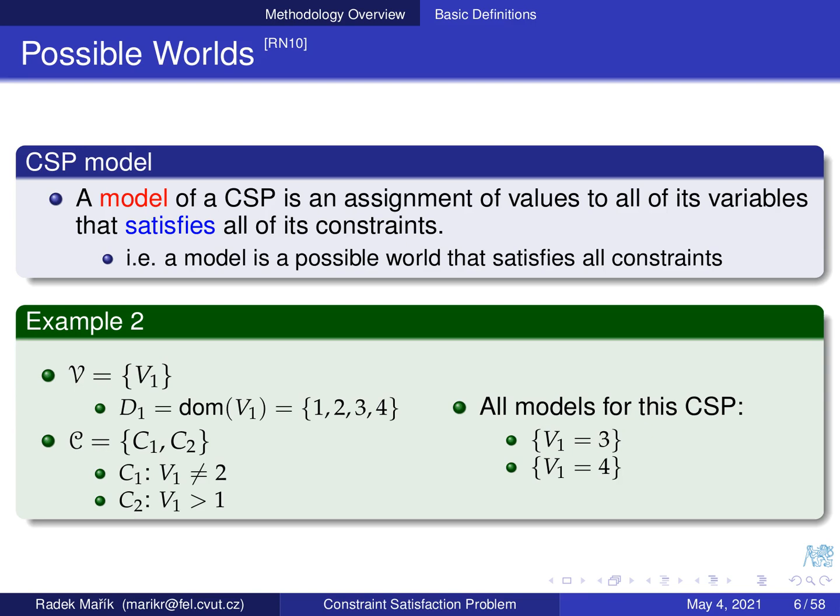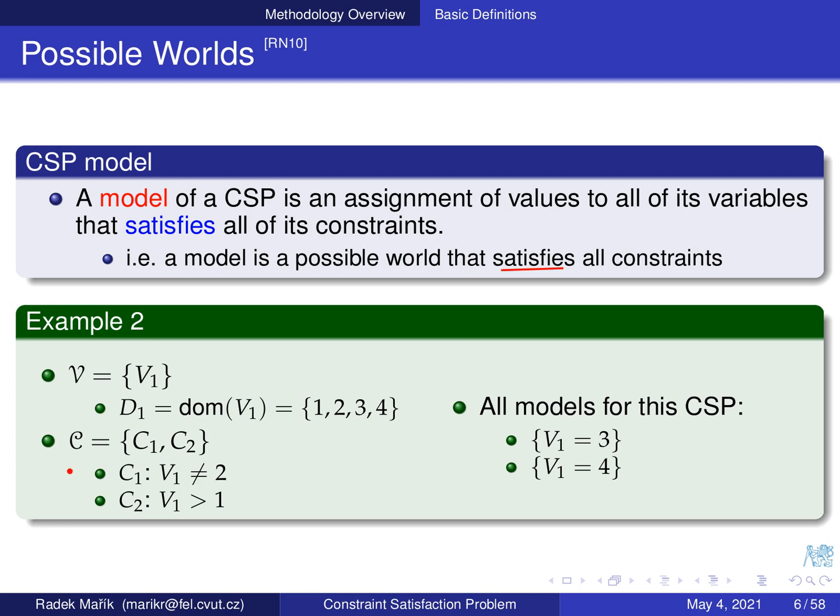A model. We search for an assignment of values to those variables, and if we find an assignment of all values that satisfies all of its constraints, then we have a model. That means a model is a possible world that satisfies all constraints.